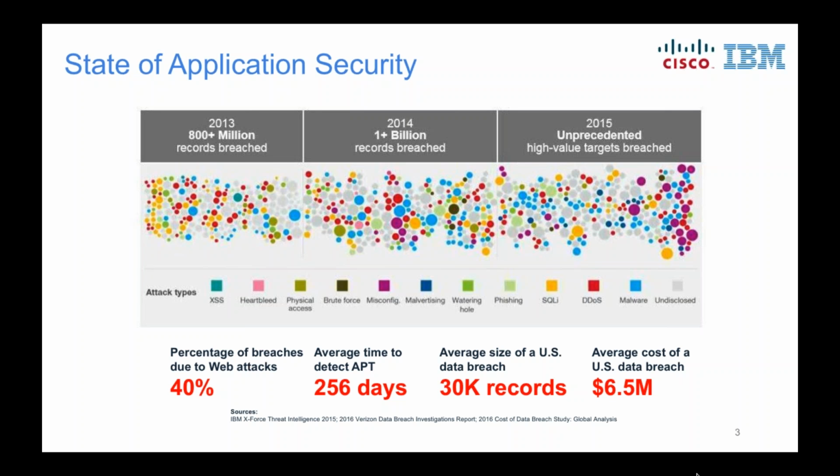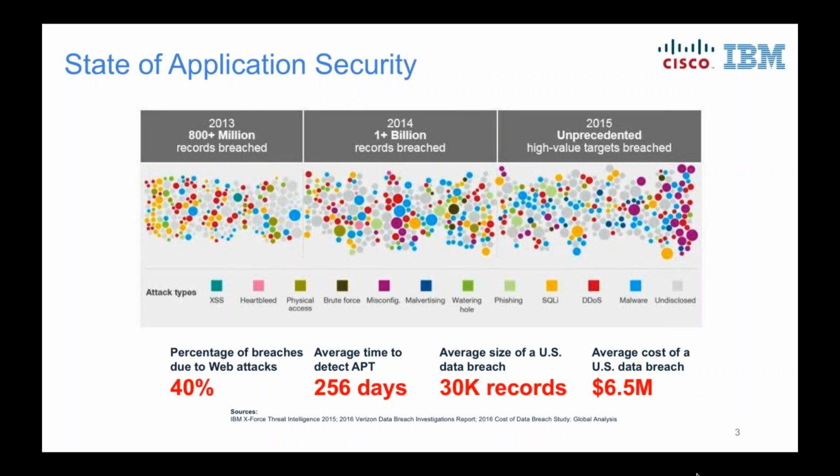It seems a day or two doesn't go by where we don't hear about another security incident of high visibility. But it goes beyond your gut feeling. If you actually look at the numbers here, you can see the amount of records that have been breached and the types of incidents that we're seeing.